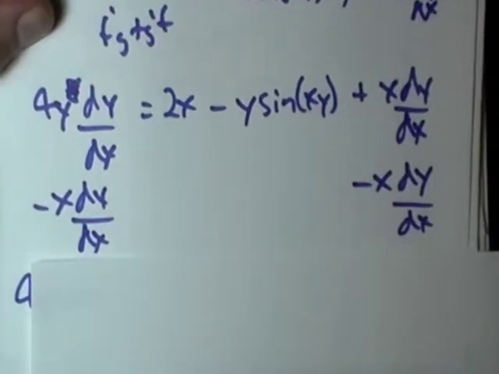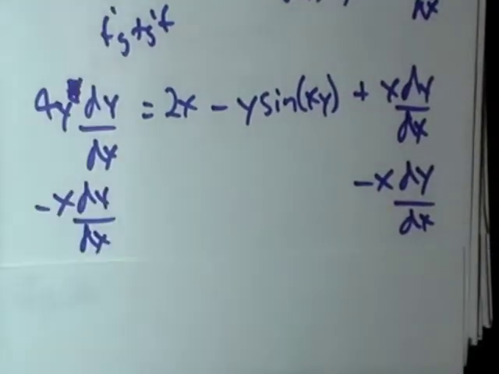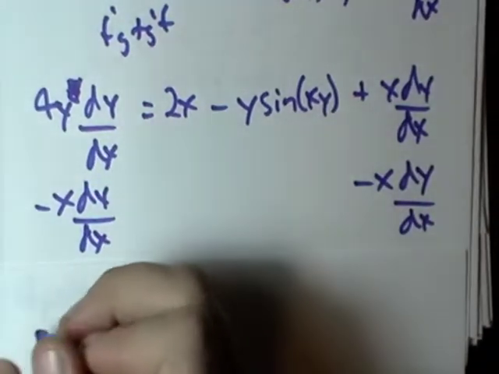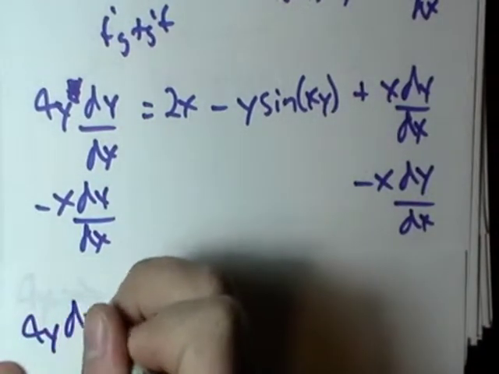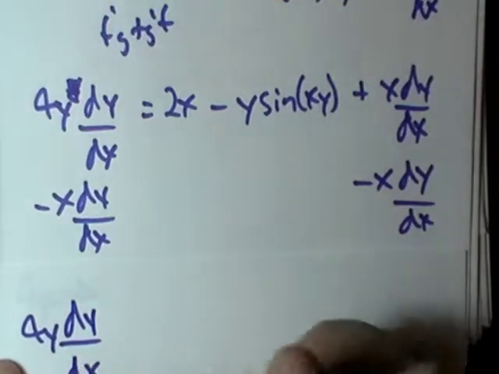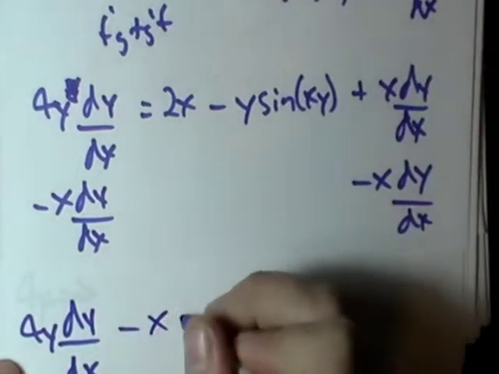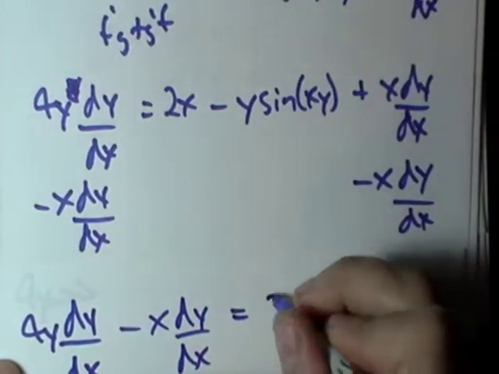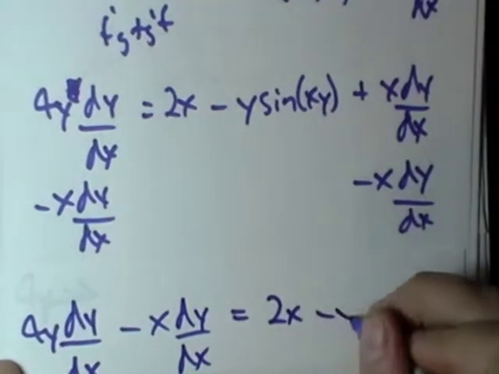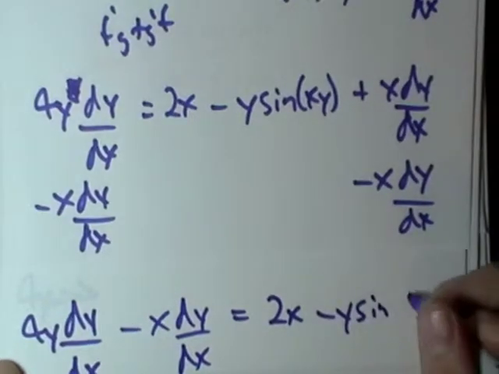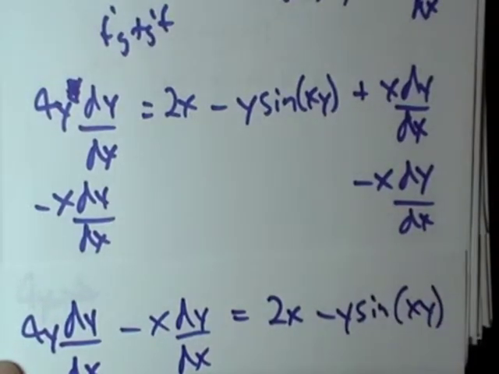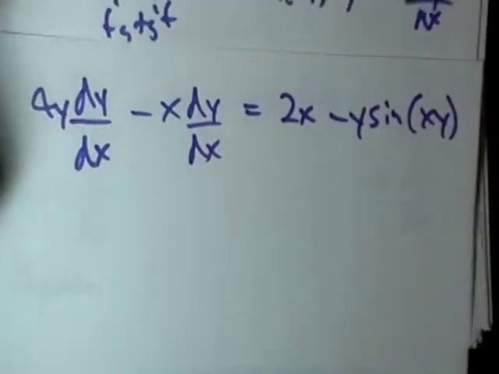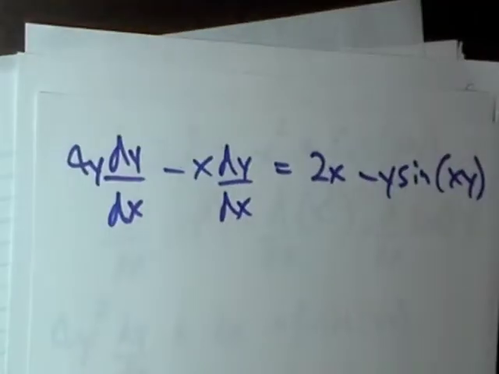I'm solving for dy dx. So let me go ahead and do that. I'm gonna rewrite over here. So that's 4y dy dx minus x dy dx equals 2x minus y sine xy. Okay, so that turned out to be what's going on there.